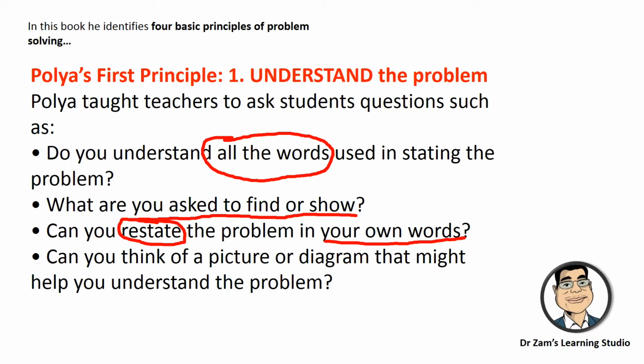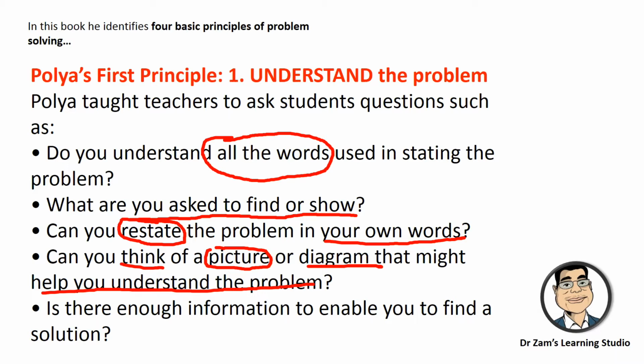And then the next question is, can you think of a picture or a diagram that might help you understand the problem? So Polya actually suggested for the student to think visually. Can they represent the problem in a visual form such that the child can understand the problem?